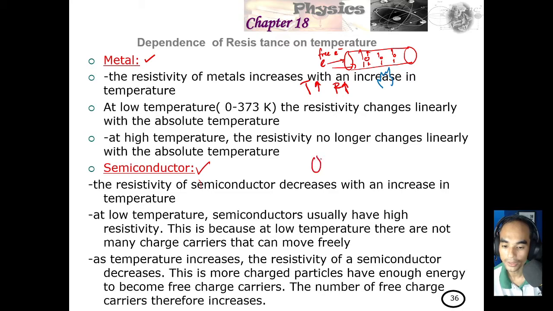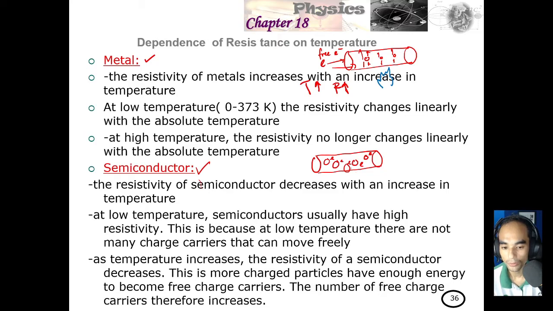A semiconductor has a different concept from a metal. In a semiconductor, each of the atoms has an extra electron, or it has a hole over here. Each atom or ion has an extra electron in the furthest orbit.